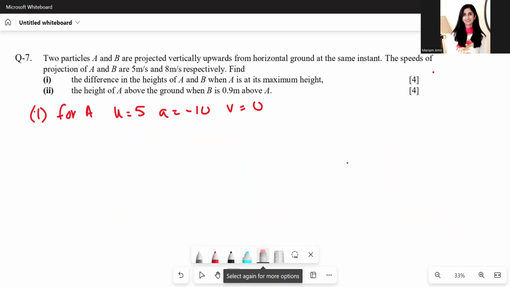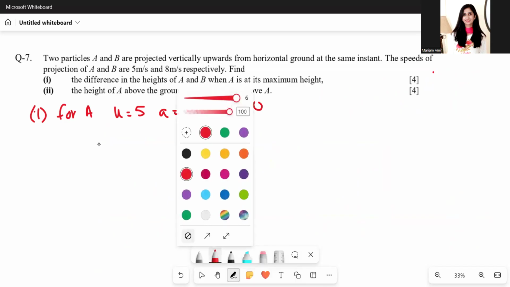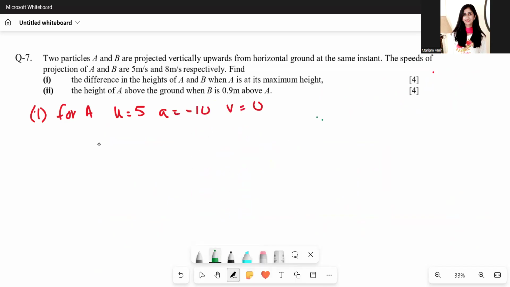Let's redraw this. So for part 2, the height of A above the ground when B is 0.9 meters above it. So let's say A is somewhere over here and point B is 0.9 meters above it.